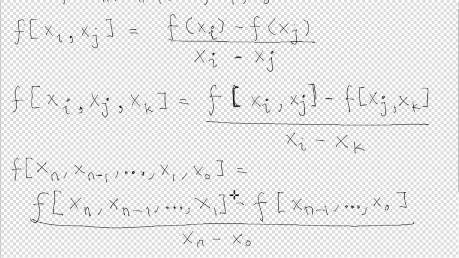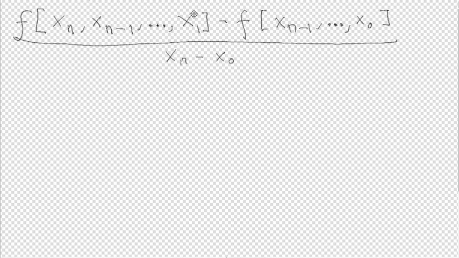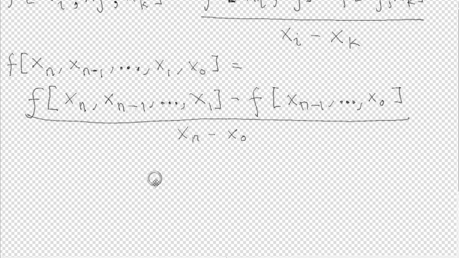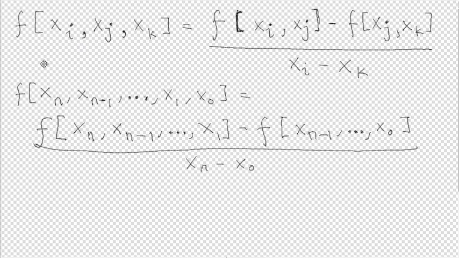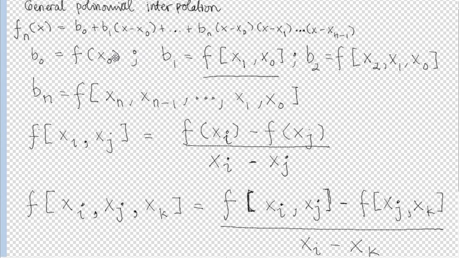Okay, so this is 0 and this is n, so n until 0. This is i until k, so this is i minus k, and so on. Then based on this difference, we can look for the b, and if we found the b, we get the interpolation function.